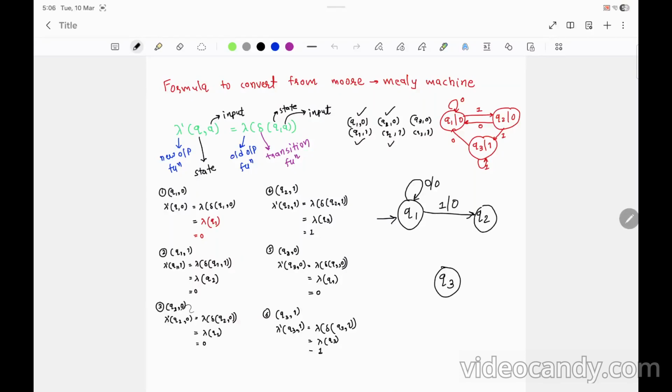For Q2, if we give input 0, we get output 0, and we stay in state Q2 itself. So we write 0 with output 0.